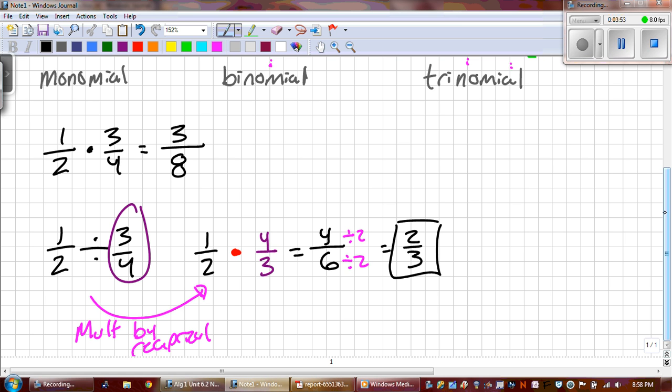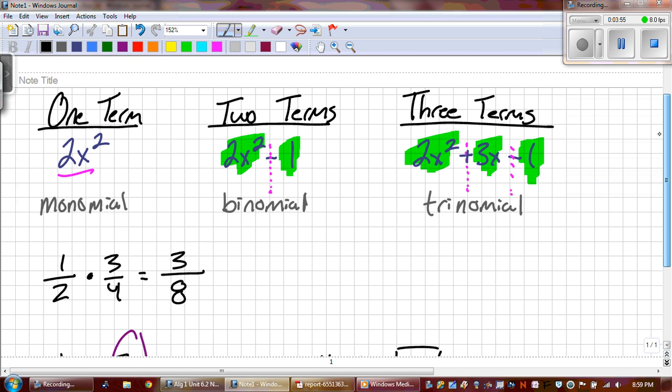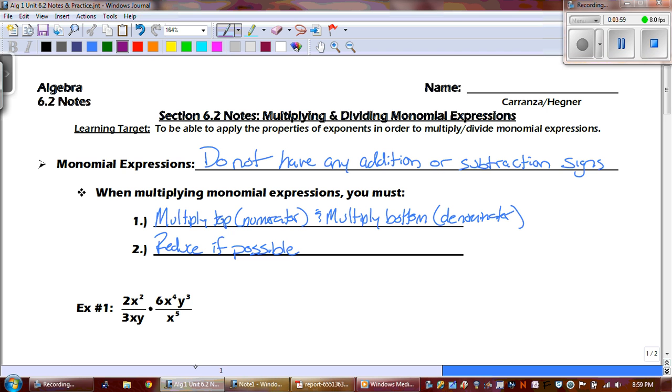Okay? Now, we're going to do this type of work, except now we're going to be doing it with one-term monomials. So, our learning target today is to be able to apply the properties of exponents in order to multiply or divide monomial expressions. A monomial expression means that you do not have any addition or subtraction signs.